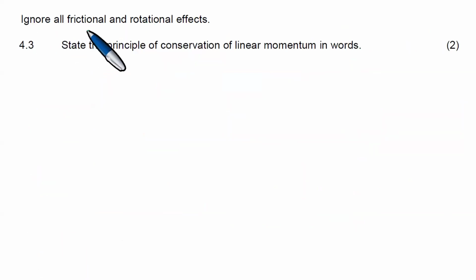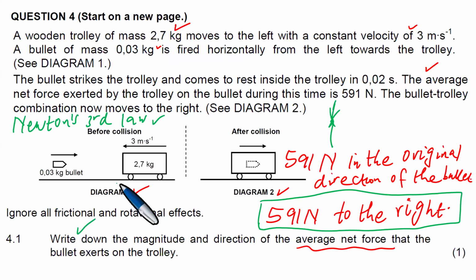Ignore all frictional and rotational effects. State the principle of conservation of linear momentum in words. The examiner is saying, please ignore all frictional and rotational effects. Why? Because normally there is friction between the surface and the wheels. But also, the wheels are rotating, so there are rotational effects.